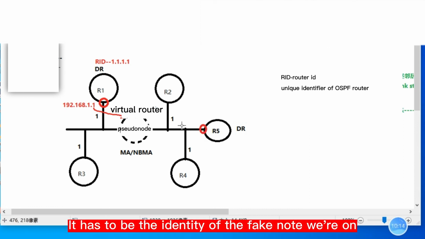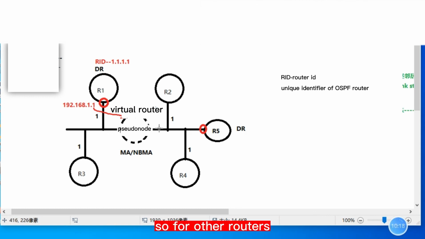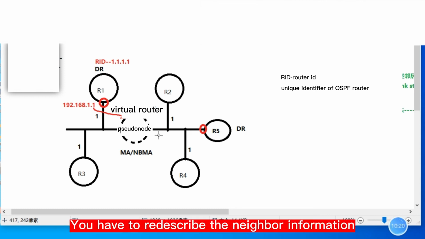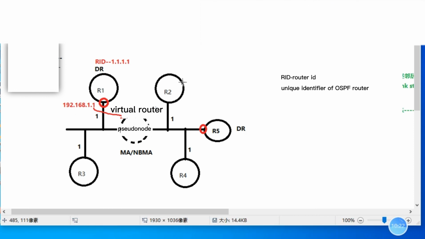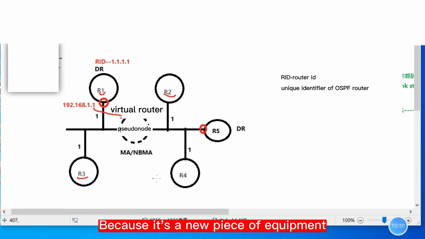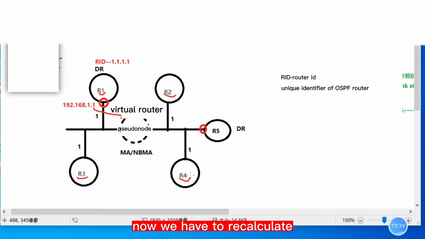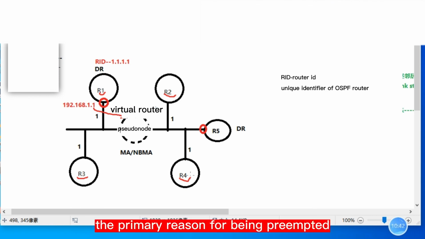It has to be the identity of the pseudo-node. So for the other routers, you have to re-describe the neighbor information, and SPF has to be recalculated. The network was normal and each could forward data, but because of this new device, we now have to recalculate. It's a bit of a hassle. So this is the primary reason the DR can't be preempted.